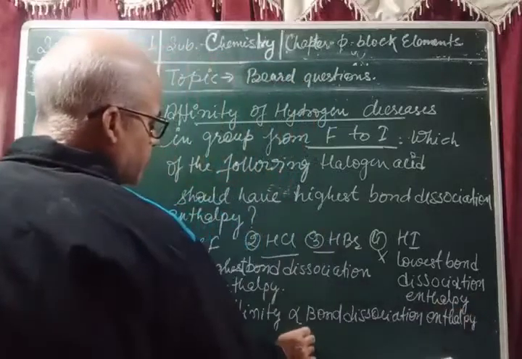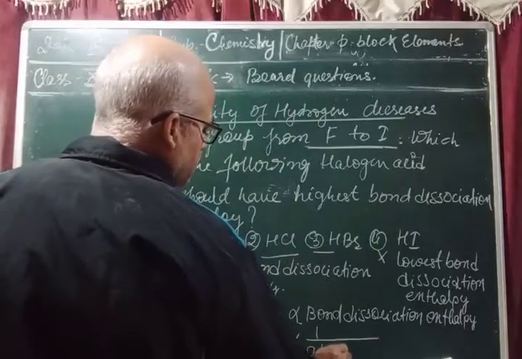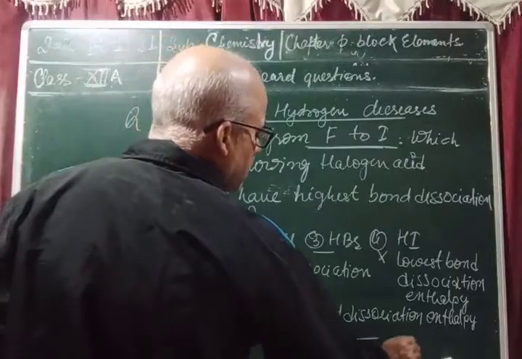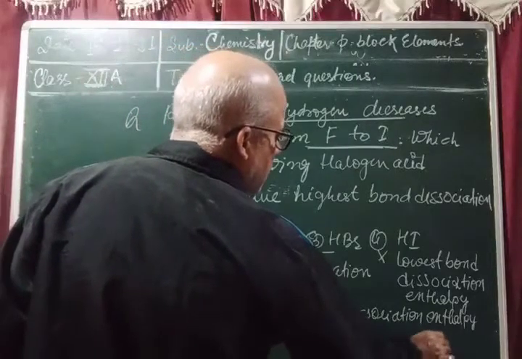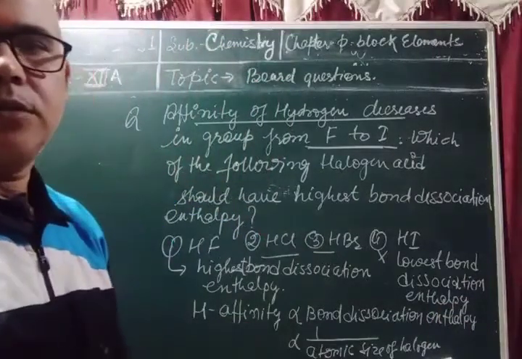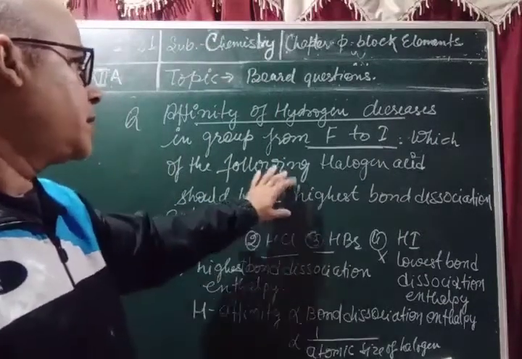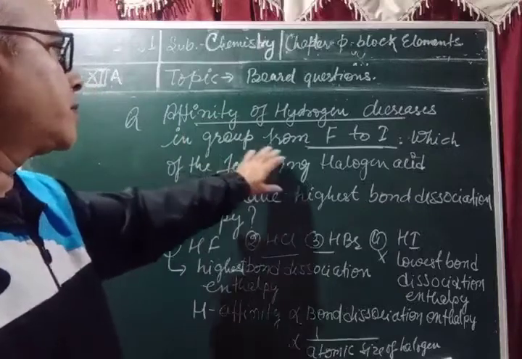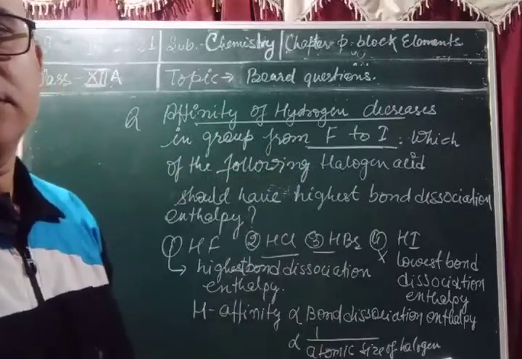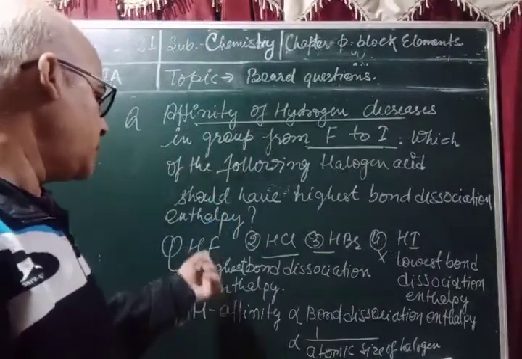And this is also proportional to 1 upon atomic size of halogen. Okay, this is the equation. Note down, as here is written, on moving from fluorine to iodine, hydrogen affinity decreases. So here is affinity very less and here is affinity very high.